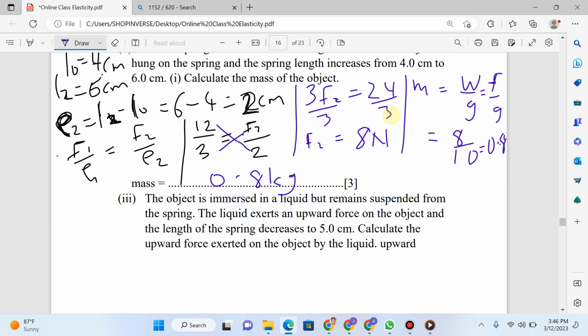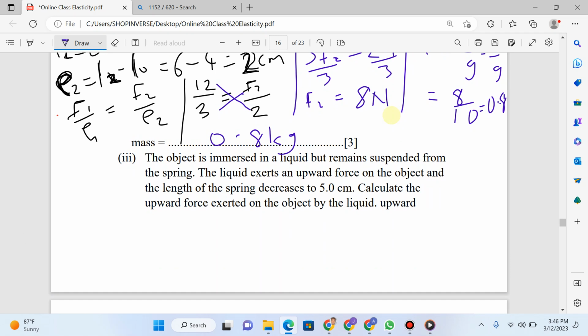The next question. The object is immersed in a liquid but remains suspended from the spring. The liquid exerts an upward force on the object and the length of the spring decreases to 5 cm. Calculate the upward force exerted on the object by the liquid.